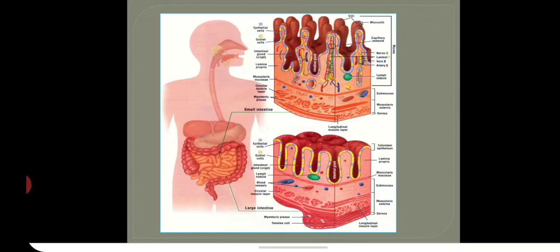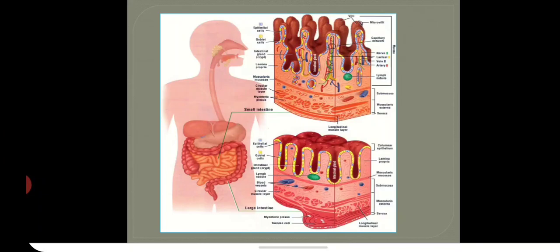Microscopic structure of the gastrointestinal tract is very interesting, and it is modified in every part of the tract. For example, in this image it is given how it is modified in the small intestine with villi. You can see the villi in the upper image. That is the histology of the small intestine.